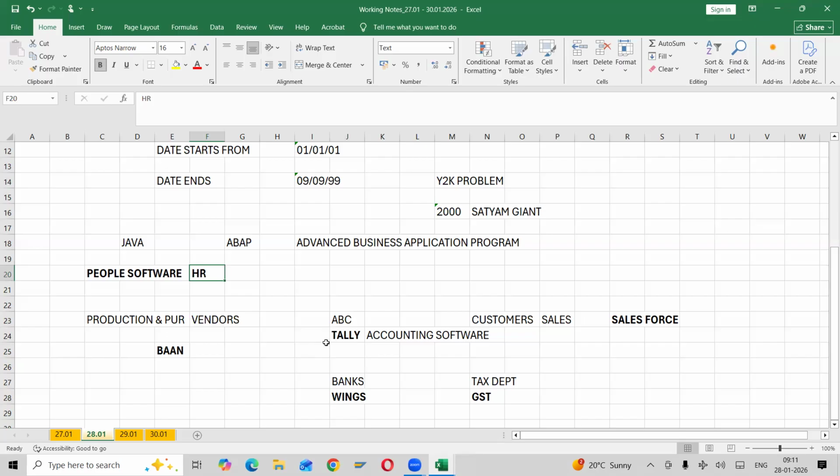So if I am purchasing from a vendor, I can't do any invoicing in Tally. If I am doing recruitment, my HR updates the data in PeopleSoft. Whenever I am selling goods, my customer updates in Salesforce, which is in a different language.